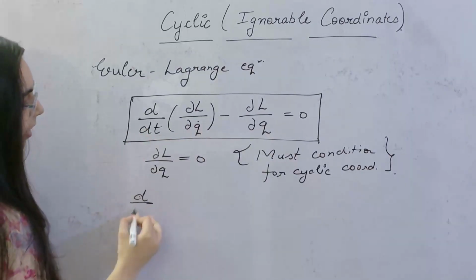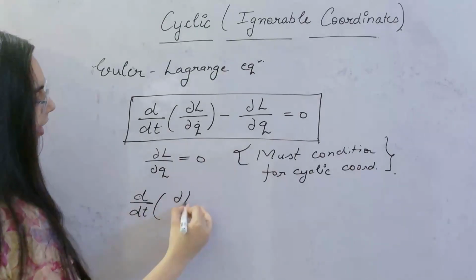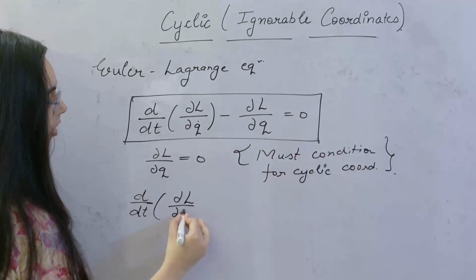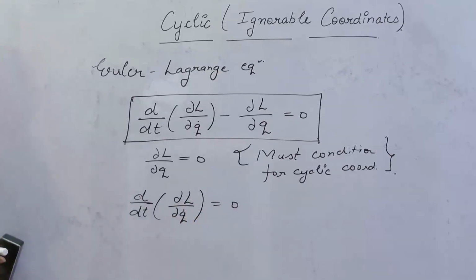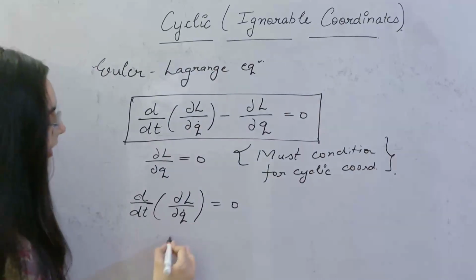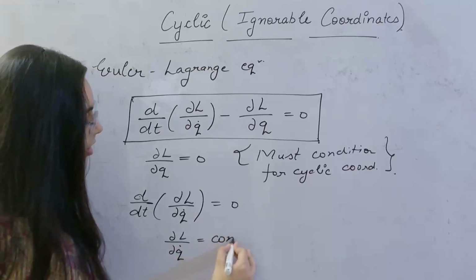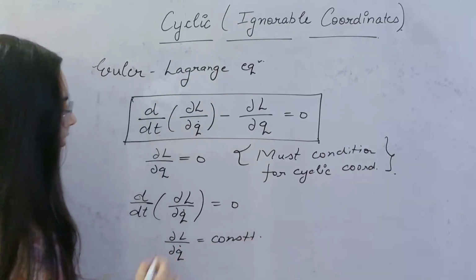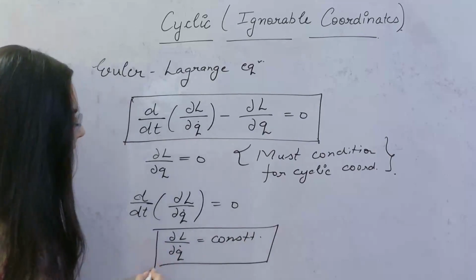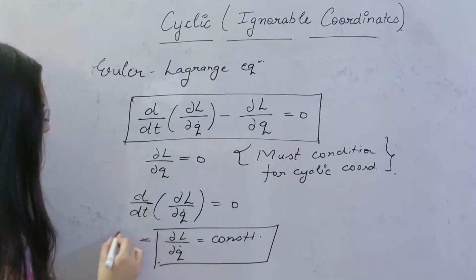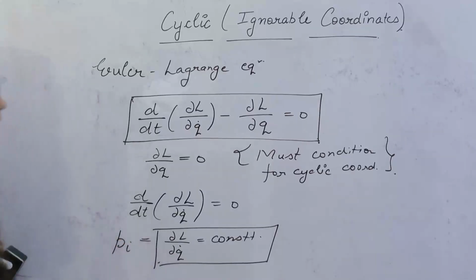That d by dt of del L by del q dot is zero. And what does that mean? That del L by del q dot is a constant. And what is del L by del q dot? This is my generalized momentum.